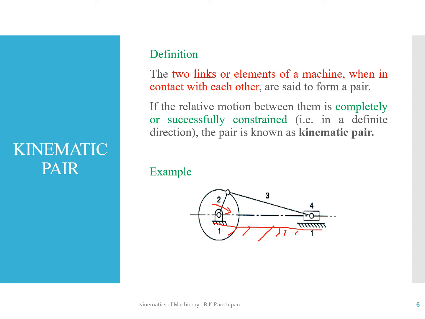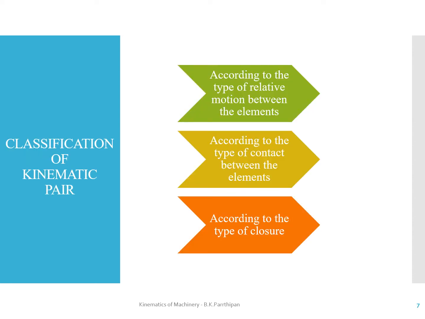Now, let us classify the kinematic pair. The kinematic pair is broadly classified based on three things. First one, we are going to classify according to the relative motion between the elements. Second one, according to the type of contact between the elements.